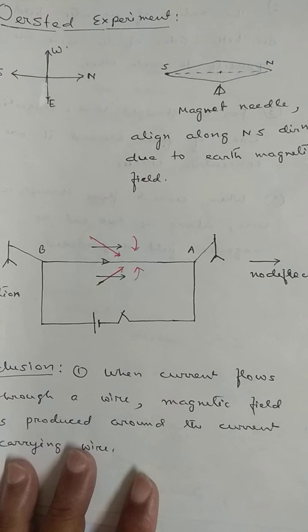The conclusion of the experiment is that when a current flows through a conductor, a magnetic field is produced around it.